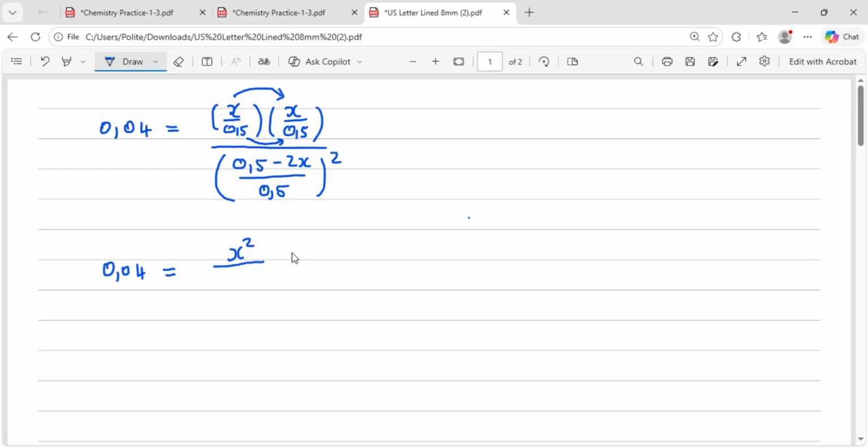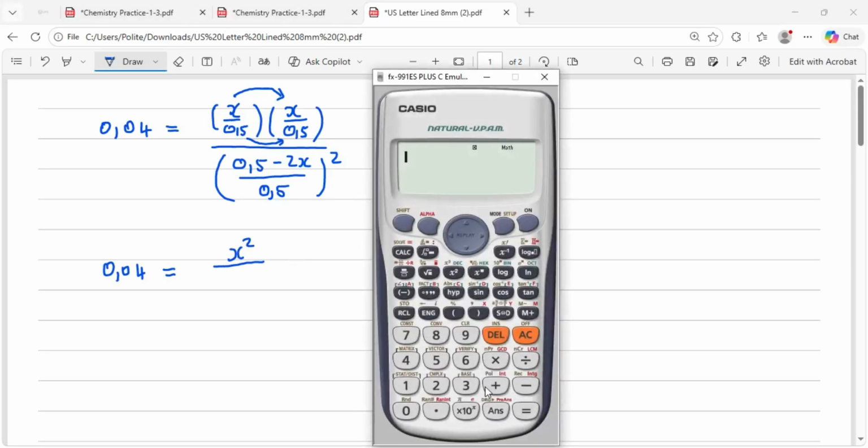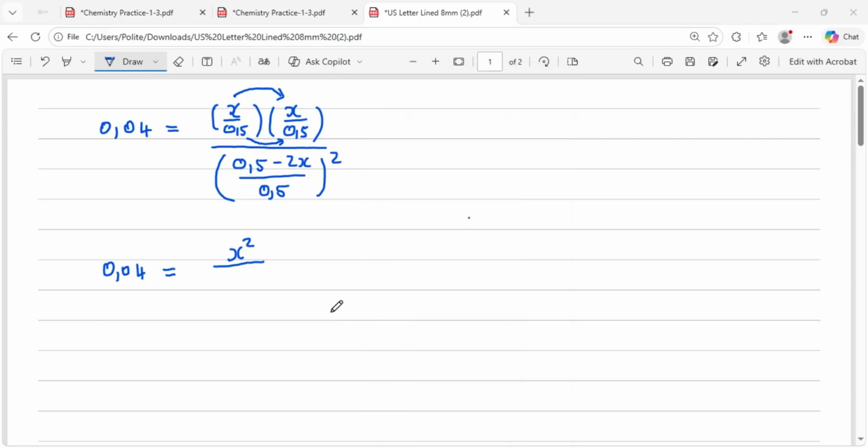I know that X times X is X squared, everything divided by 0.5 times 0.5. So this gives us 0.25, so I'm going to write 0.25 down there, and everything is divided by that.